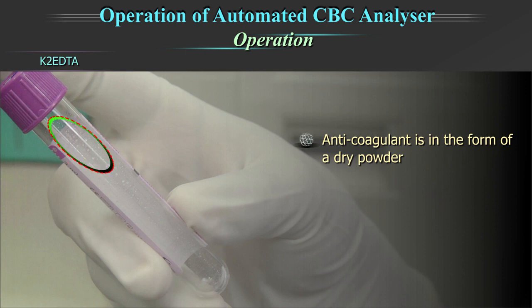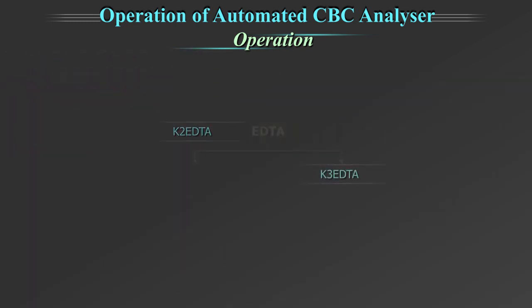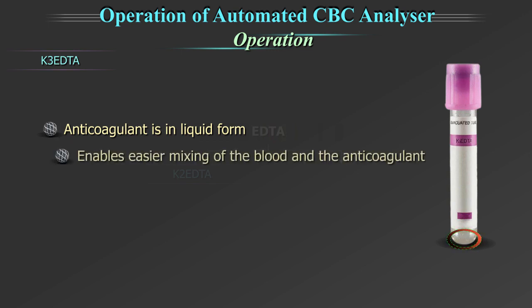Hence, after collection, the tube must be inverted several times to mix the blood and the anticoagulant properly. In K3 EDTA tube, the anticoagulant is in a liquid form. This enables easier mixing of the blood and the anticoagulant.